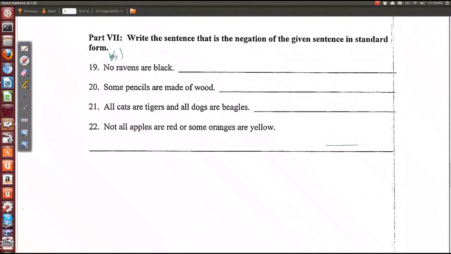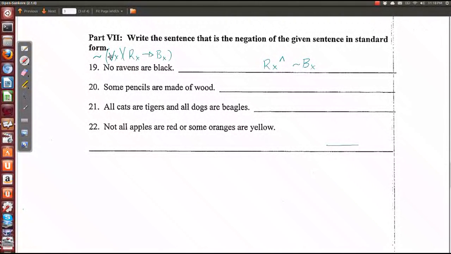So I'm saying universal X, they are raven, conditional, they are black. But what I want to do is negate this. And I know that the opposite of a conditional is a conjunction. And the rule is denying the consequent. So Rx stays the same. Negation Bx is what changes.